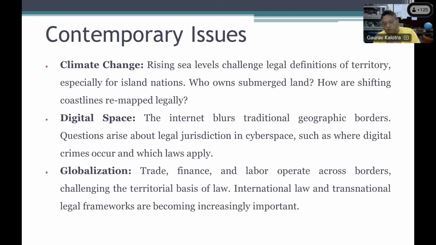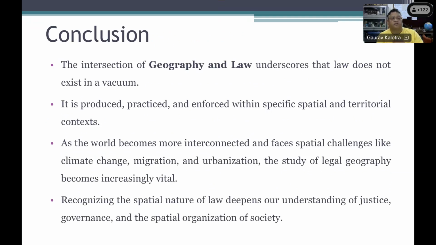Now, the problem is, if a country makes a space station on the Moon or on Mars, then what legal laws will operate there? So these are the questions which will be coming in coming times. We have to think about them and debate these.